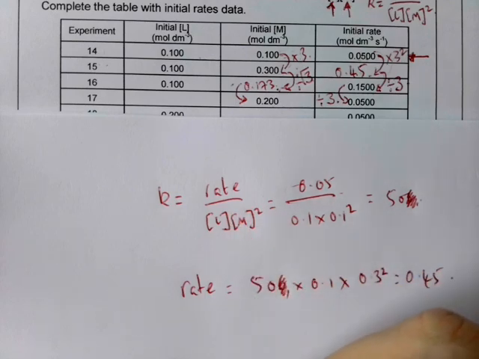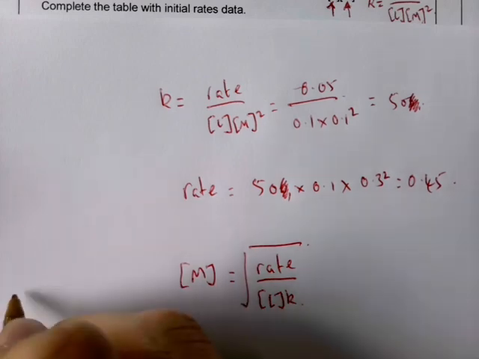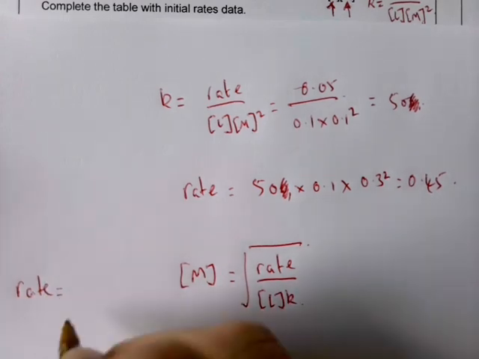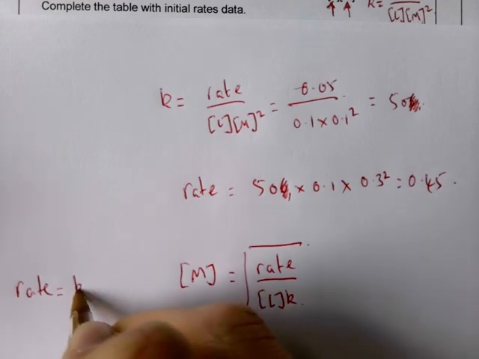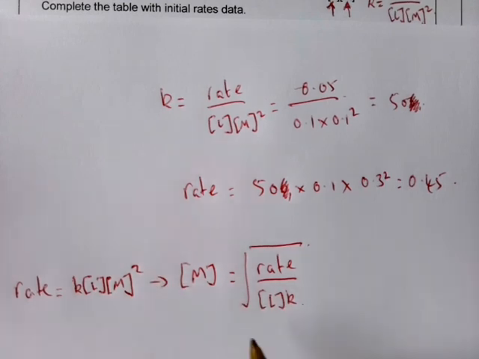So if I rearrange it, I'm going to get rate divided by L times K, all square rooted. Remember my initial rate equation is rate equals K L M squared. If I rearrange it for M, this is what I get.